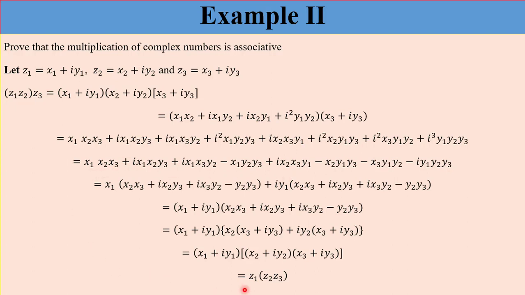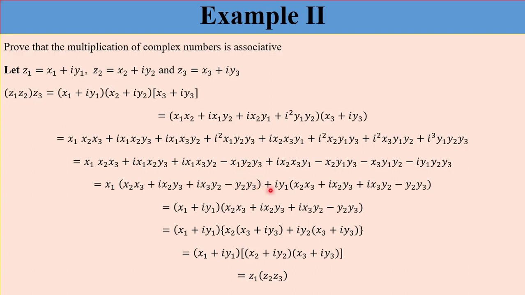So we shall have, since the first in our proof needs to be z1, let's pull out x1. So x1 here, if you pull it out, we shall remain with x2 x3 plus ix2 y3, then plus ix3 y2, then the last term will be minus y2 y3.